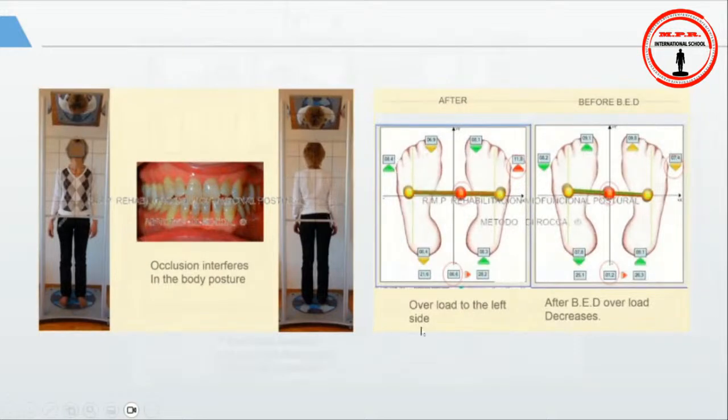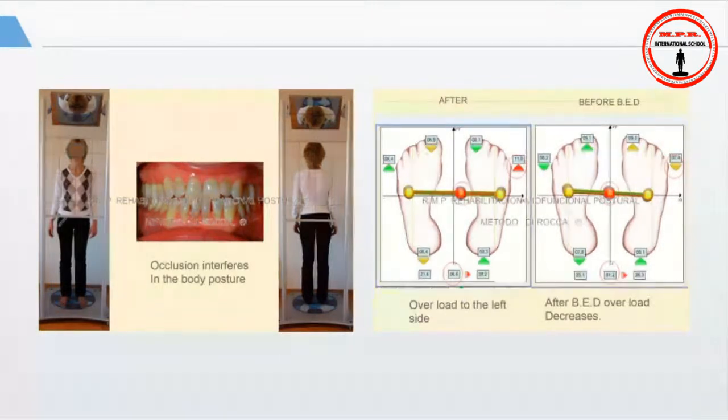Look at here how from 6 kilos, the overload, and also the body weight distribution was very bad. This is the posture. This is the mouth.